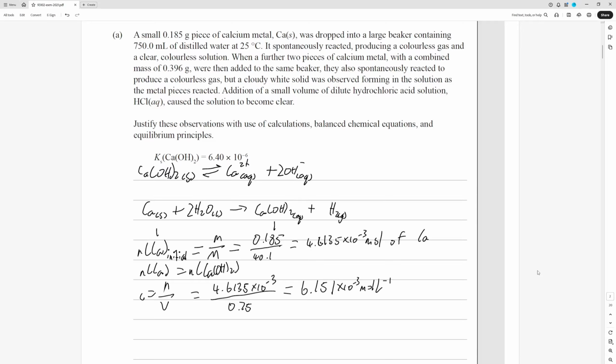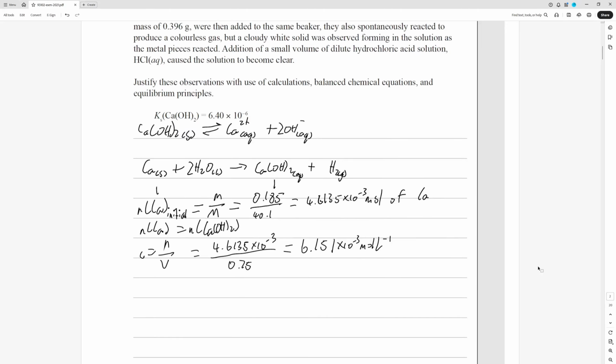Okay, so what we can then do is find the concentration of OH-, and that can be done because, again, from this equation here, you see this is a 1 to 2 ratio. So the concentration of Ca2+ is just going to be the concentration of calcium hydroxide. Again, just look at the first balanced equation, this one here.